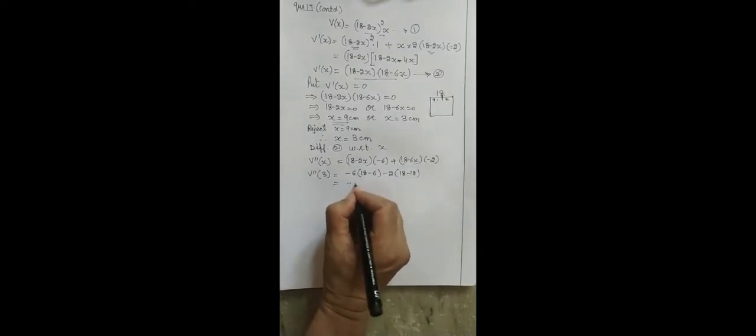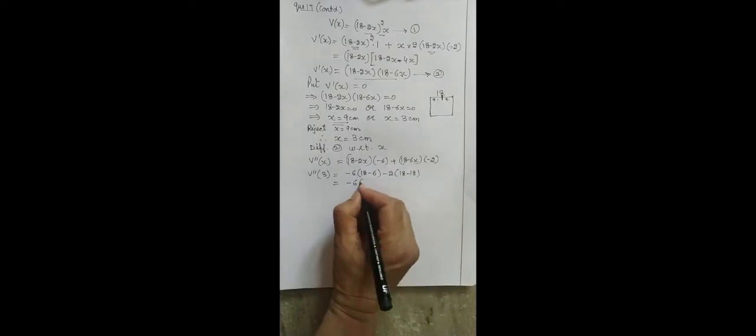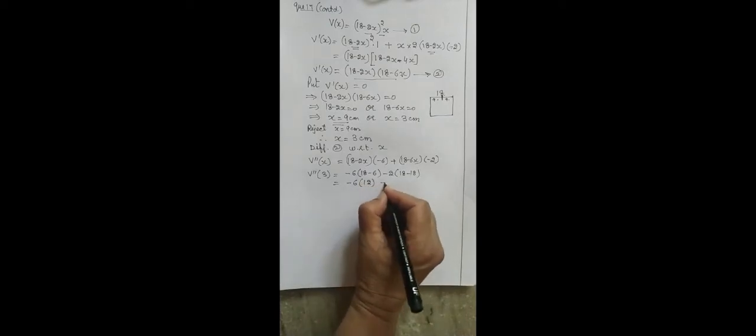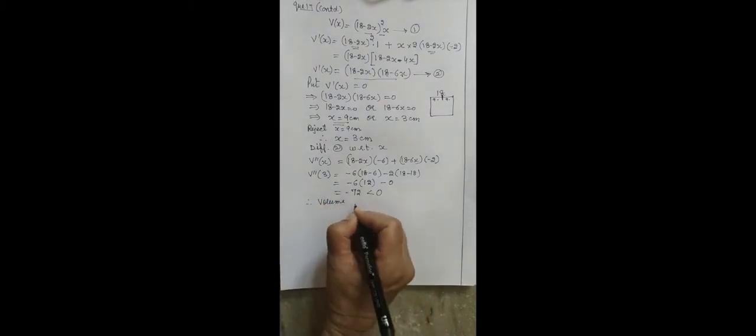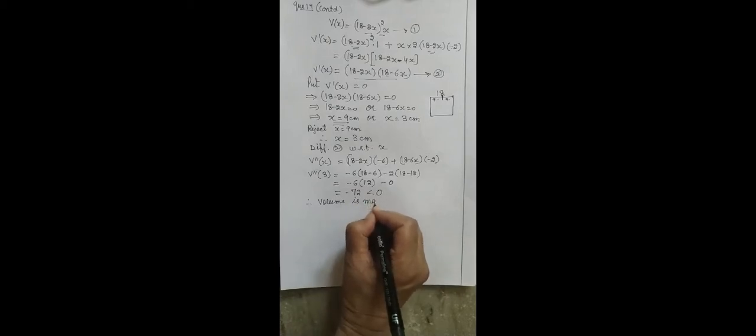So my value will be -6 times 12 minus 0, which will be -72, which is negative. That means my double derivative at x equal to 3 is negative. So therefore volume is maximum when x is equal to 3 centimeter.